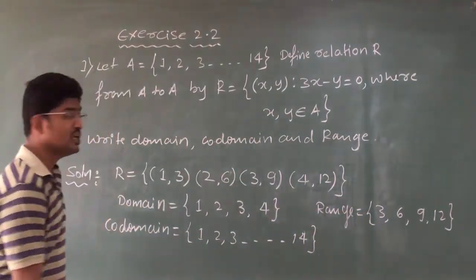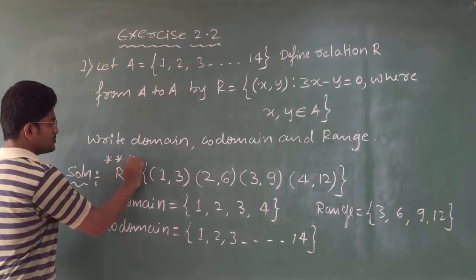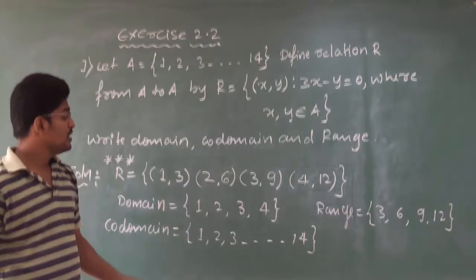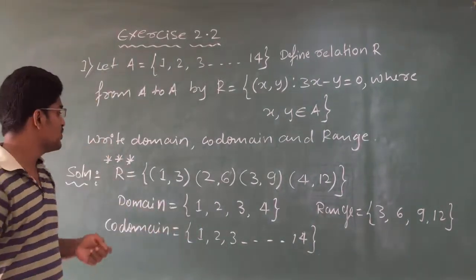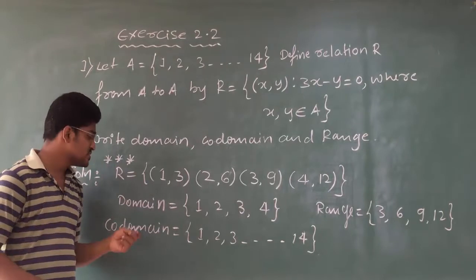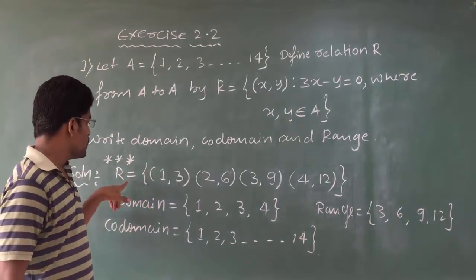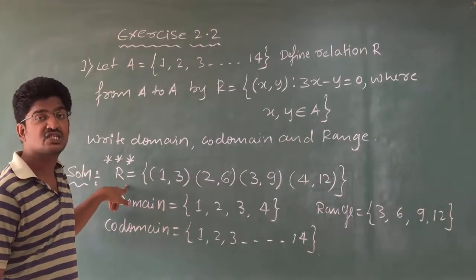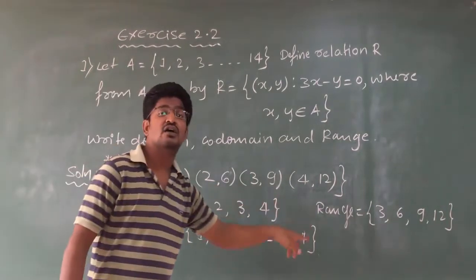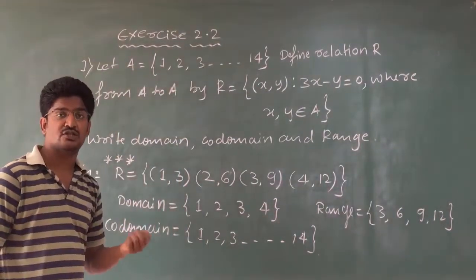Here very important is writing this R. Are you getting my point? If you write this R carefully, then definitely you are going to get the correct answers for domain, codomain and range. If you miss writing R, or if you can't write this relation R in this form, then definitely you can't get domain, codomain and range.